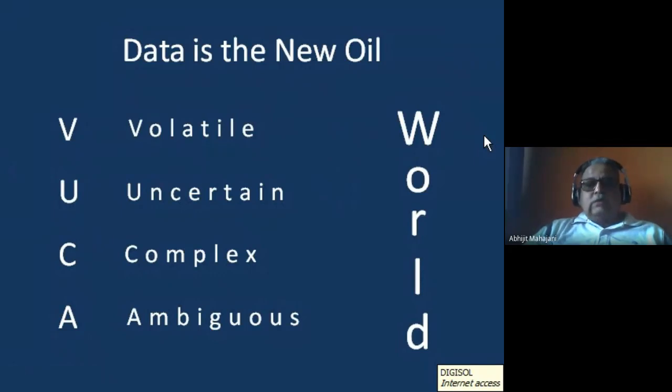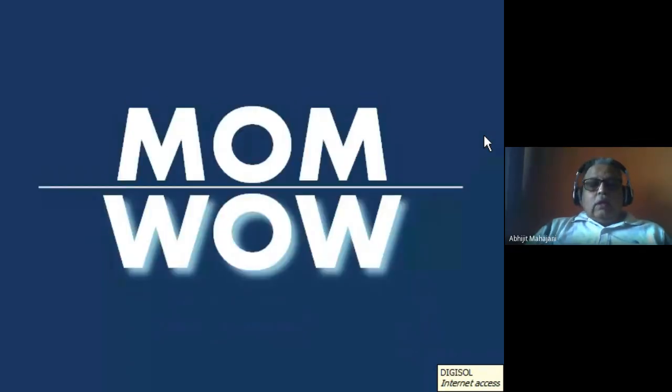Let's take this analogy, data is the new oil, and compare how things happen in both worlds. You must have seen this slide quite often, and this is probably one of the most forwarded. Some variant of this is the most forwarded thing during Mother's Day on WhatsApp.